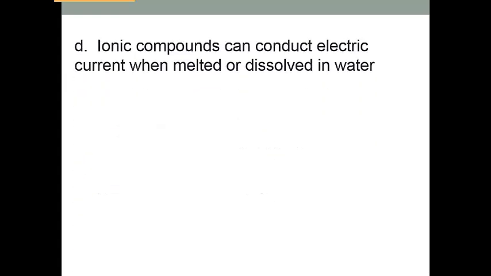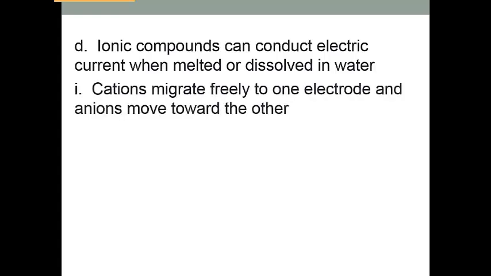Now, some other characteristics that will be on your test: ionic compounds can conduct electricity, but not when they're solids, only if they're melted, so they have to be a liquid, or if we took the solid and dissolved it in water and then tried to pass electrical current through it, it would conduct. The reason for that is the positive and the negative charges.